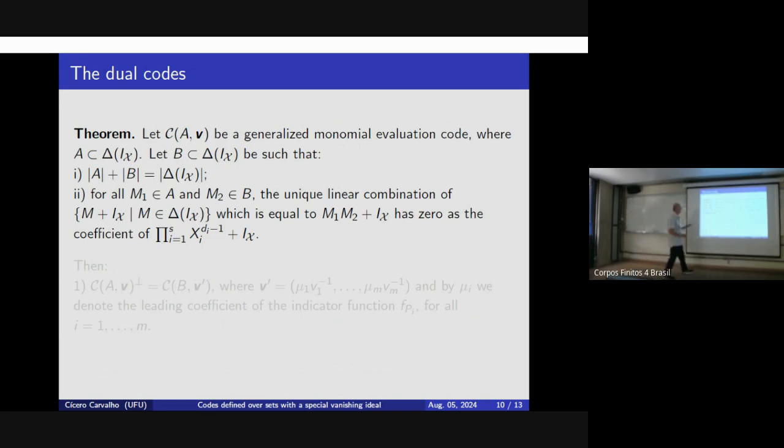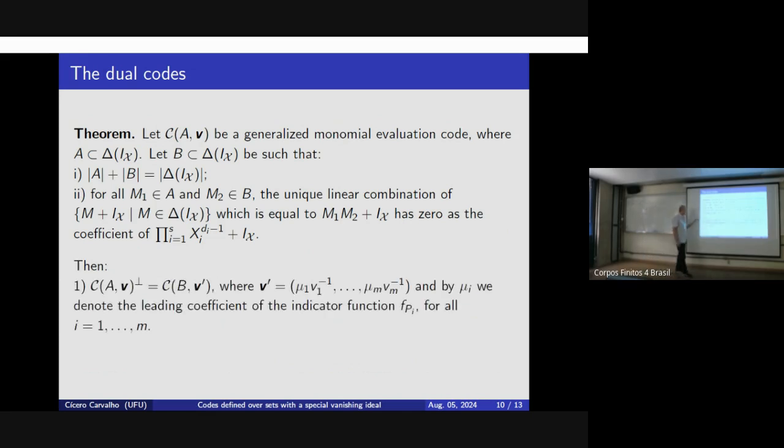If you think of the footprint as a hypercube or a rectangle, this would be the monomial in the upper right corner, so to speak. So I don't want the class of this monomial to appear when I write this product as a linear combination. If this happens, then the dual of the code that we have constructed is also a code of that form. Okay?